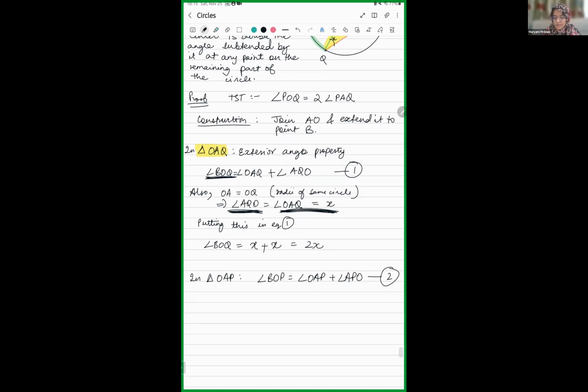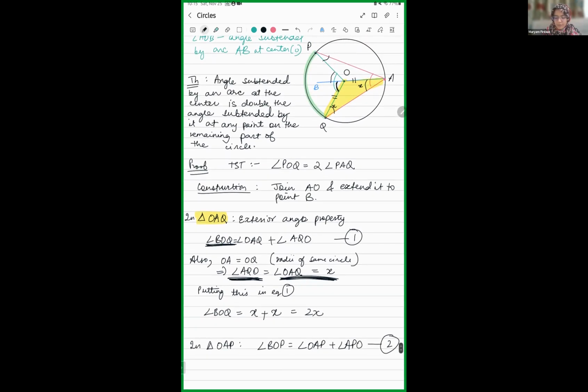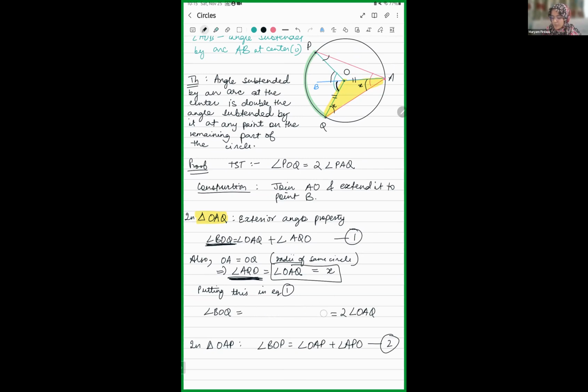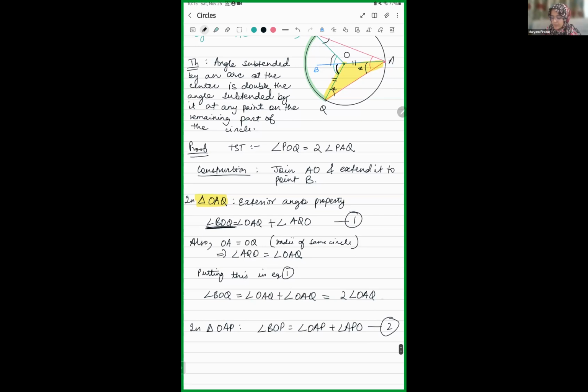Or in other words, we can say this is equal to twice of angle OAQ. Instead of X, I have just put OAQ. So I'm just going to replace it, no need of writing X. Angle OAQ plus angle OAQ is equal to twice of angle OAQ. Okay. This is our equation number 2.